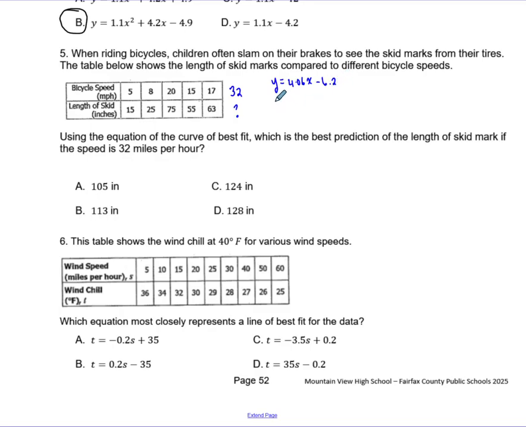And then what it's asking you to do is take the equation that you just found in Desmos, and then you are plugging in the value that you're looking for. In this case, for x, I'm looking at 32. So that's what I'm plugging in here, and then I'm going to calculate that.